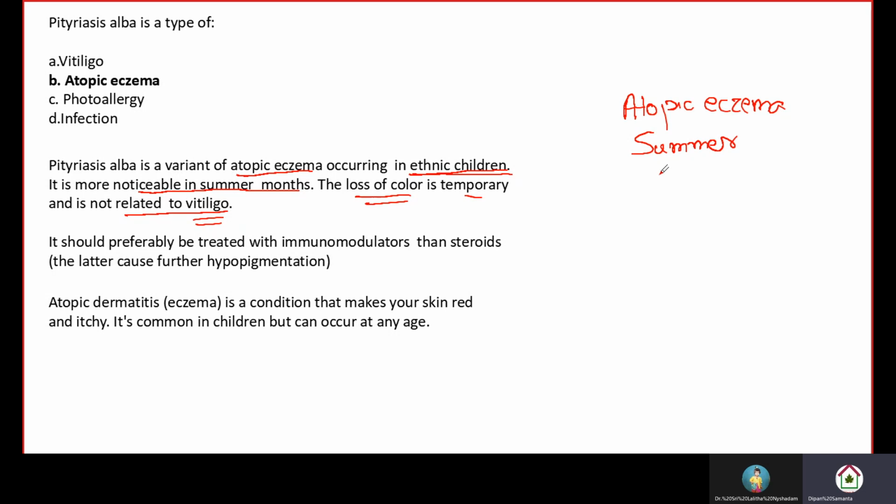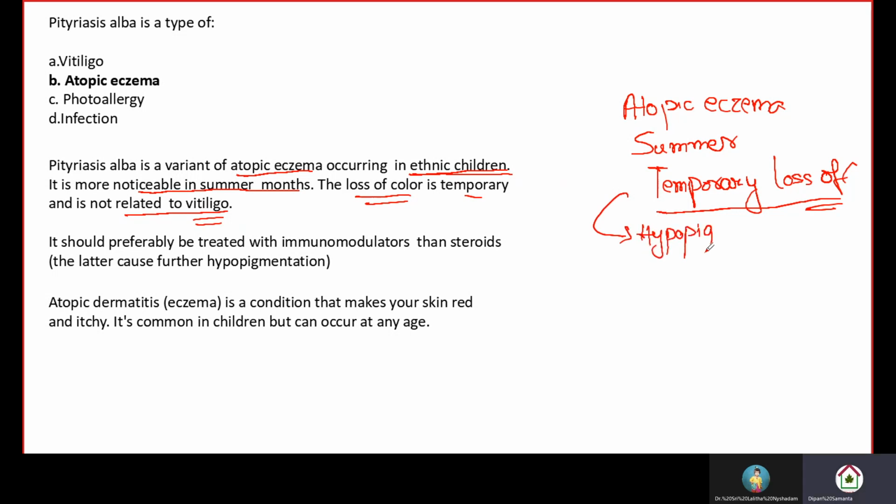Loss of color occurs but it is temporary. Actually, to be scientific, it's hypopigmentation; we don't say loss of color.